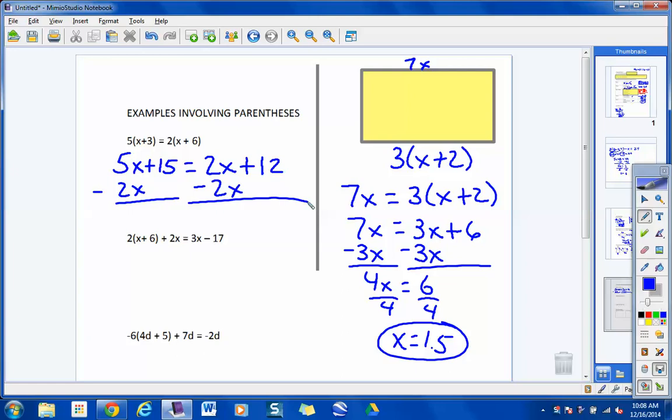Anyone? What's my left side? 3x plus 15 equals 4. Okay. I'd buy that. Looks good. Looks good. Minus 15. Okay.